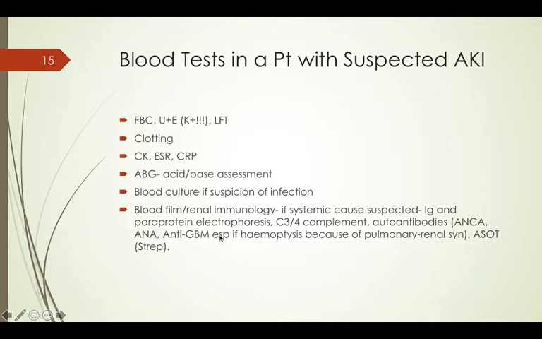So protein electrophoresis, complement, which would be low in things like SLE, autoantibodies, so ANCA, that's present in GPA, ANA, a very common autoantibody, not specific for SLE, but some people with SLE can have ANA, anti-nuclear antibody, anti-GBM for Goodpasture's disease, and anti-streptolysin O titer for strep.